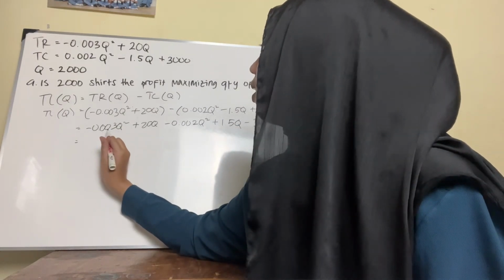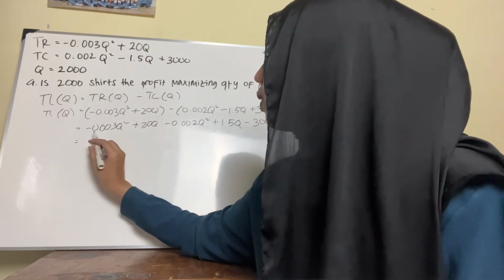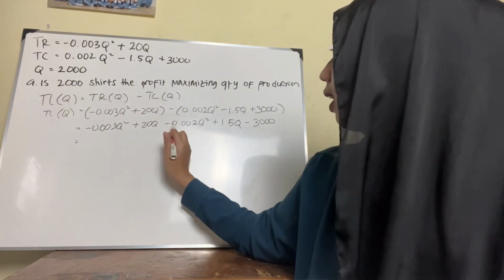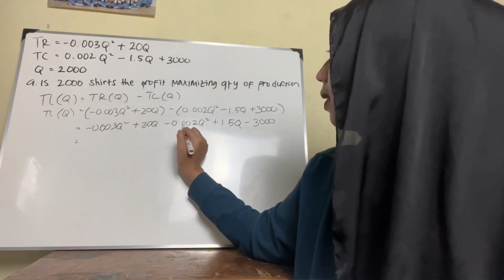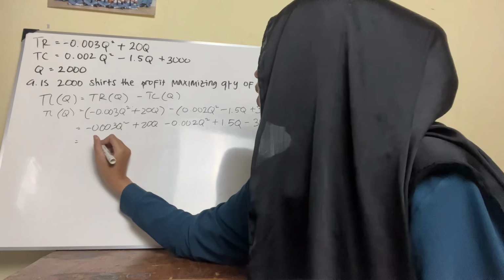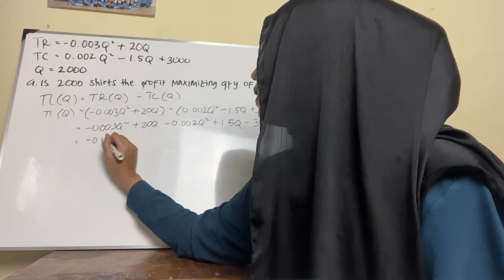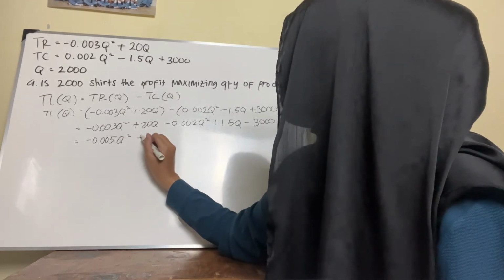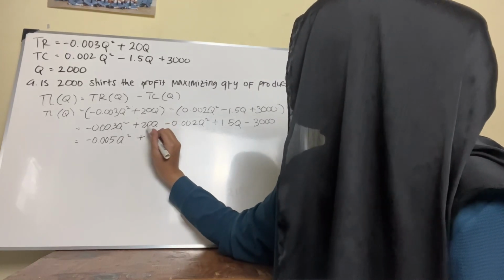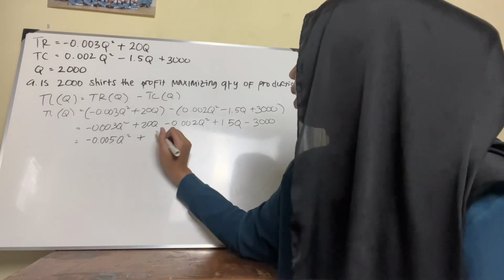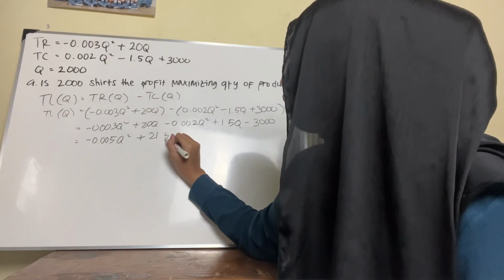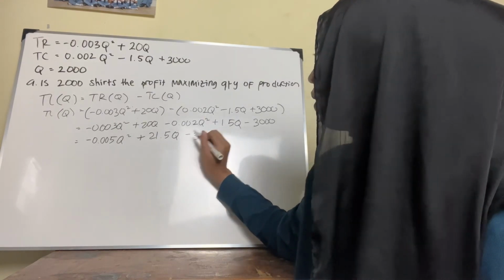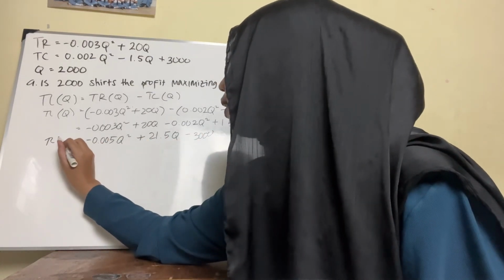Then the minus 0.003 Q squared combined with minus 0.002 Q squared is minus 0.005 Q squared, and 20Q plus 1.5Q is 21.5Q minus 3,000. So that's the profit function pi of Q.